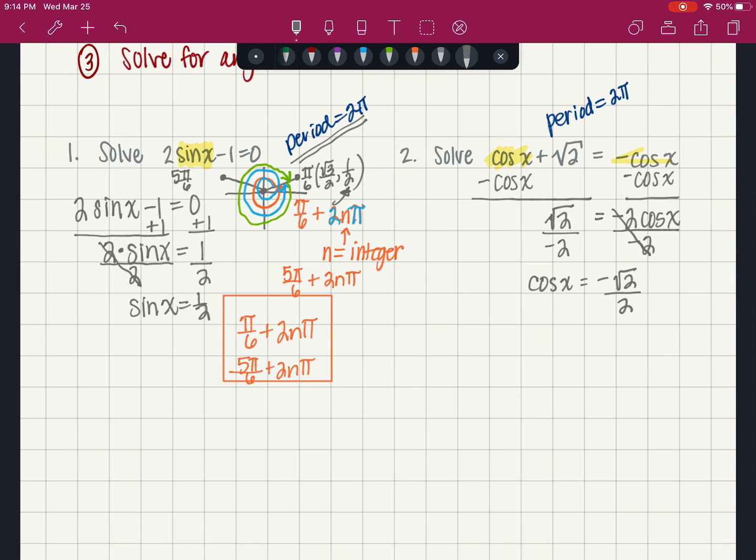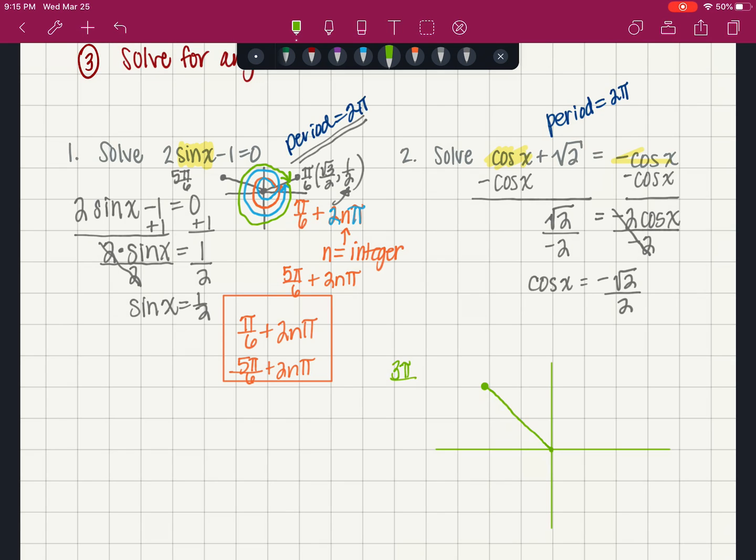Now what we need to do is think about that standard period. So I'm going to come over here and draw where cosine of x is equal to negative square root of 2 over 2. Cosine is the x value, and square root of 2 over 2 is a pi over 4.